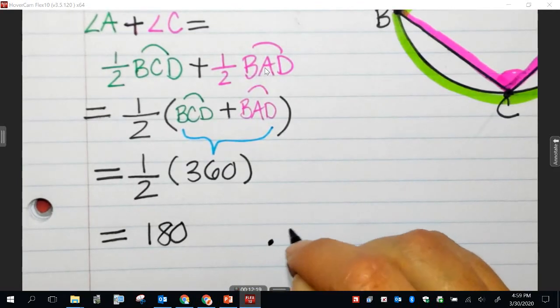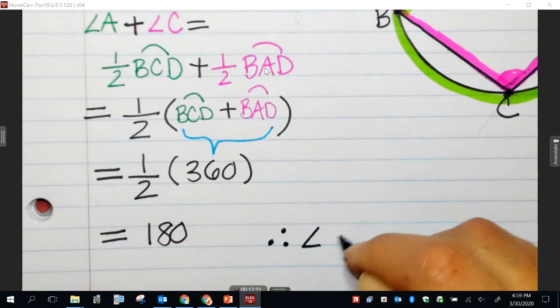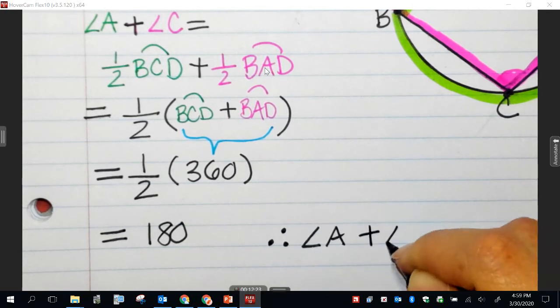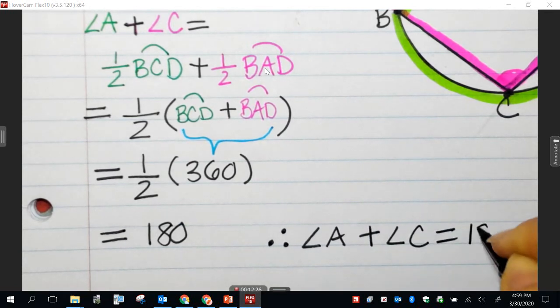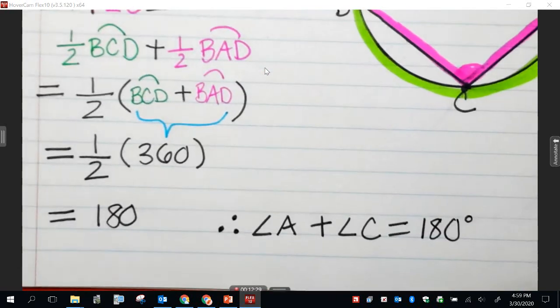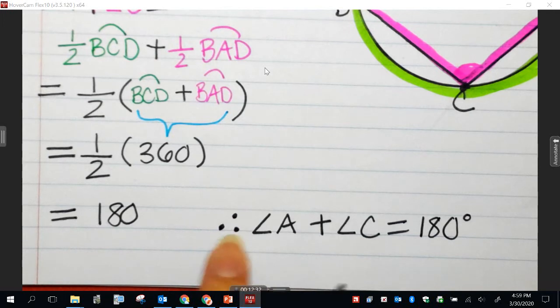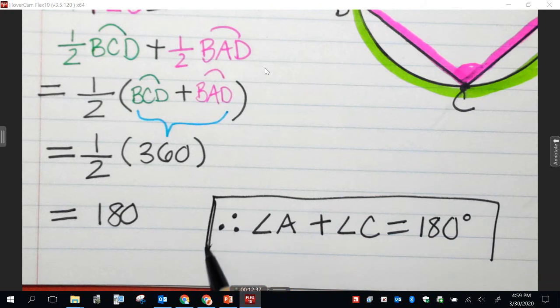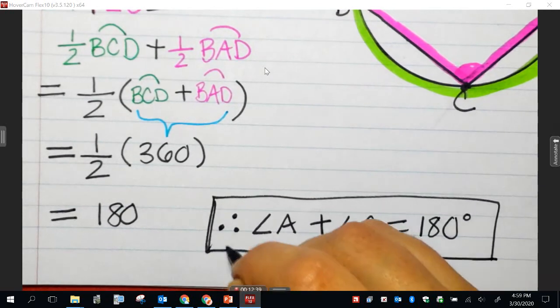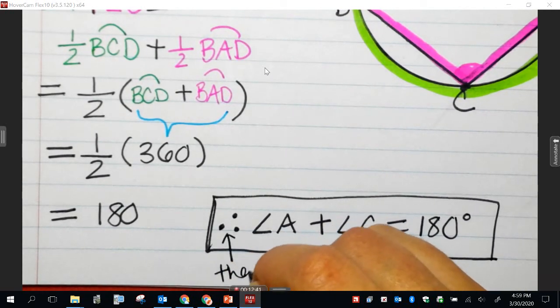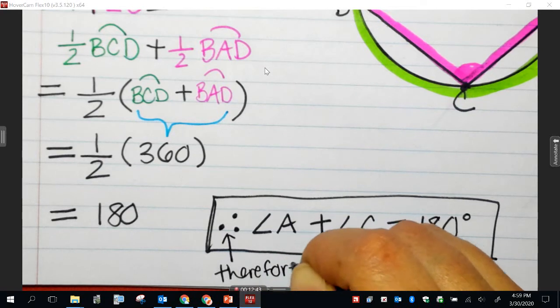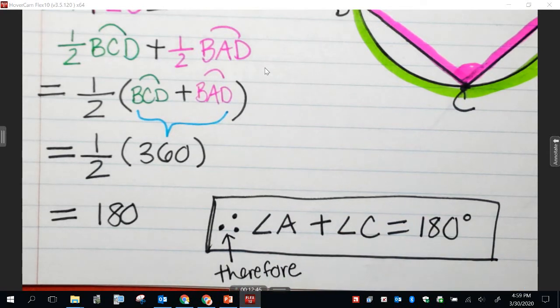And that's how we get, therefore, angle A plus angle C is equal to 180 degrees. And this little three dots is just something from college way back when. It just stands for therefore. So that's the proof of why this works.